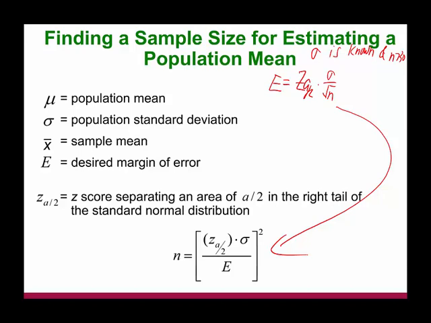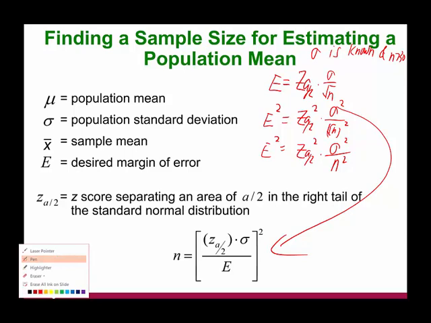Very similarly, we just square both sides of the equation. So we get E squared equal to critical z-score squared times sigma squared over n. Now if you want to solve for n, the square root of n squared becomes just n.